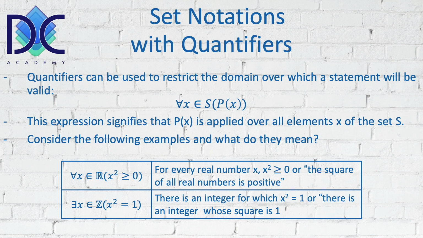And that example is very simple. It's for x being equal to 1. And then this is in fact true. So these are set notations where we are using quantifiers, and quantifiers relate to the set of which x is an element.